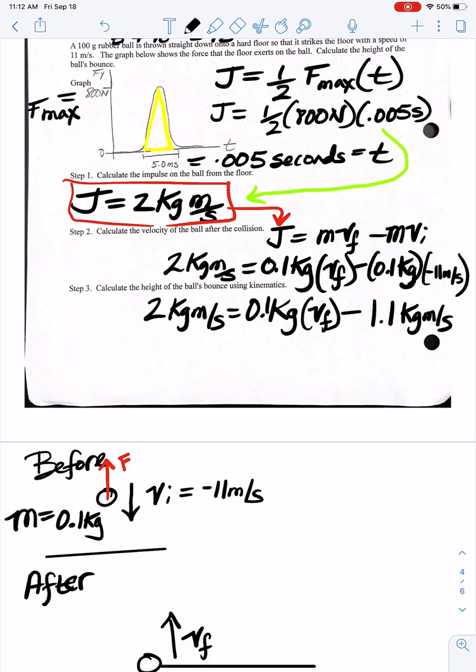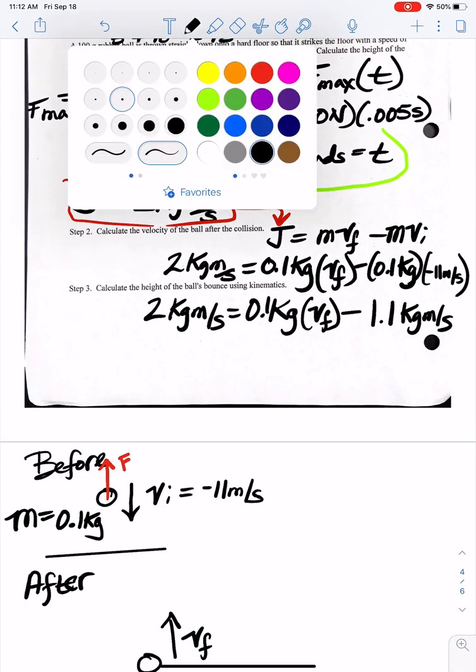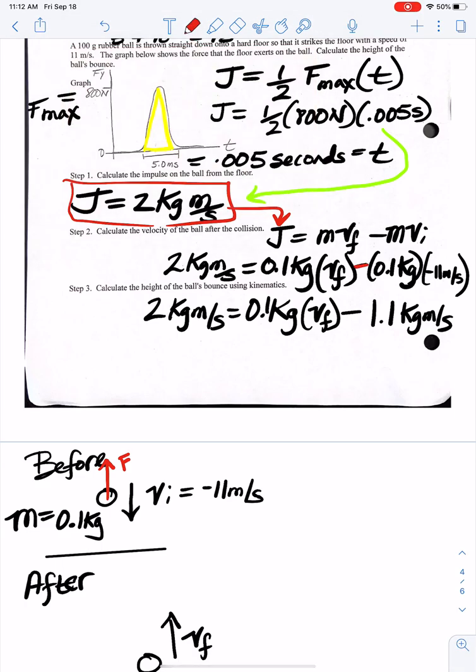Add the 1.1. Add it or subtract it? No, subtract it. I've got to be careful with my signs here because once again, it's minus a negative, right? So this is going to be an addition sign. And so I'm going to end up subtracting 1.1 from both sides.